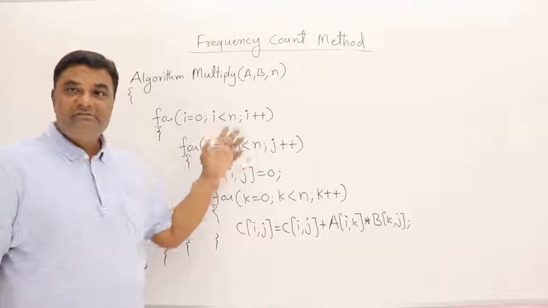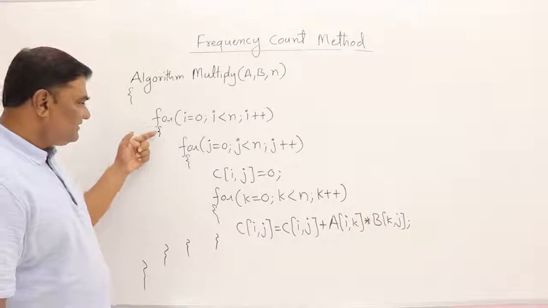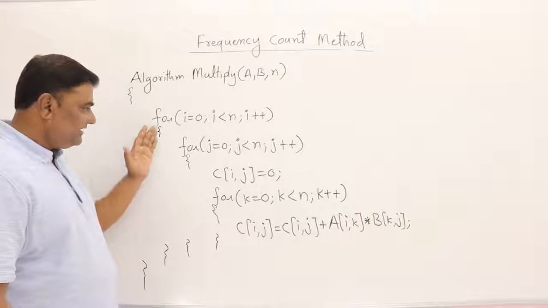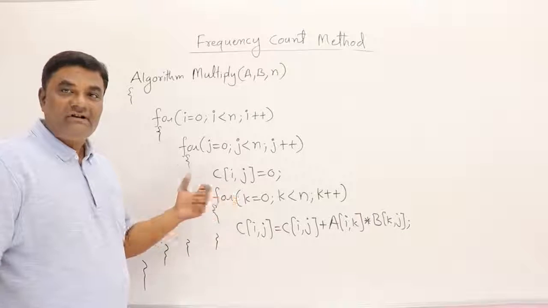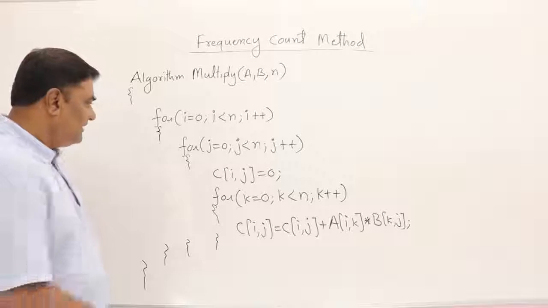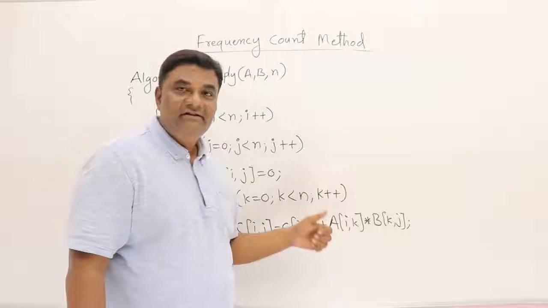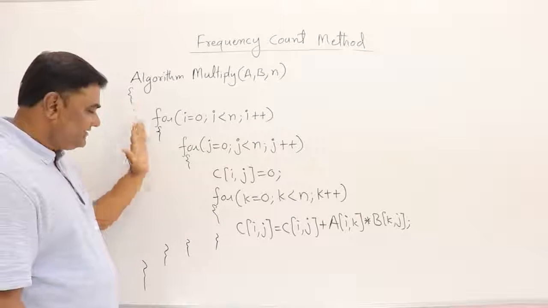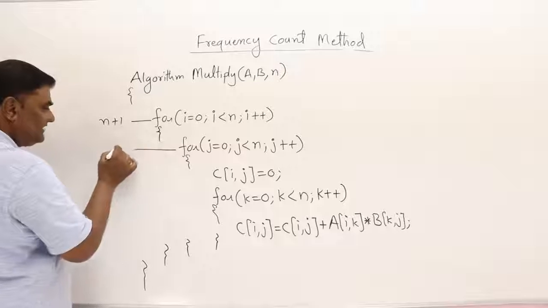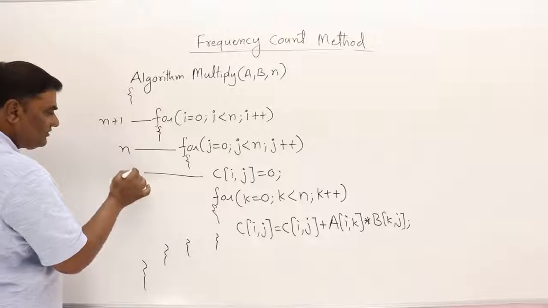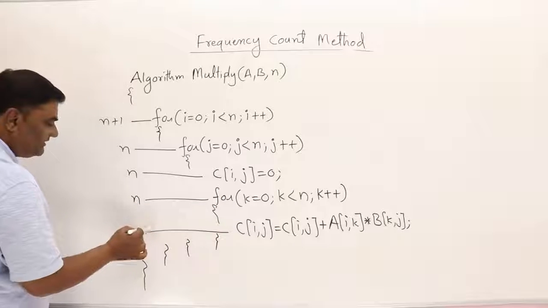Next algorithm is multiplication of two matrices. You can see that there are three loops nested, one inside another. Let us find out the time. On this side I will write so you can see them. This is n plus 1. Whatever is inside will execute for n times.